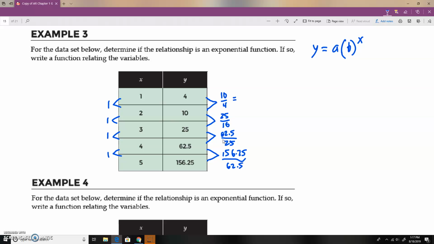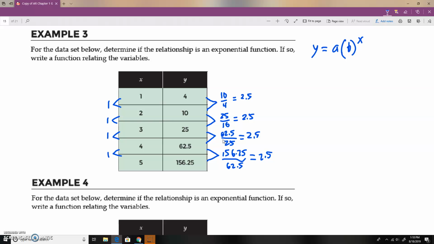If we do the division on all of these, again use a calculator if you have one handy, we get that the ratio each time is 2.5. So they are all the same.